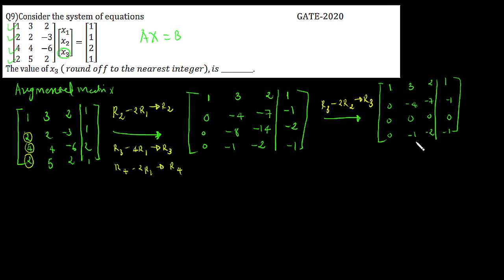So now you can see we have reduced one row into 0 0 form, so we can say this third equation is linearly dependent on the remaining three equations, and that is why we could reduce a row into 0 0 form. Now we have to further reduce this matrix to find the value of x3.